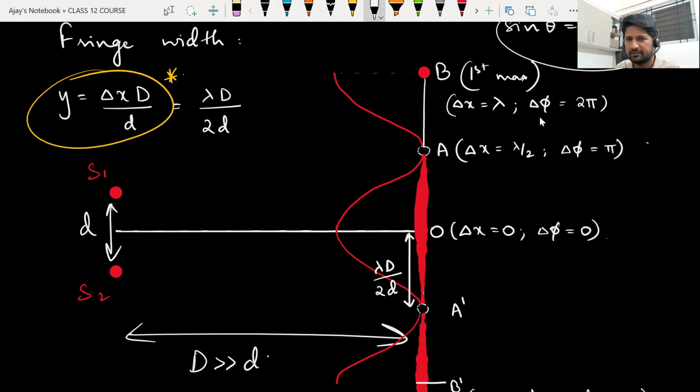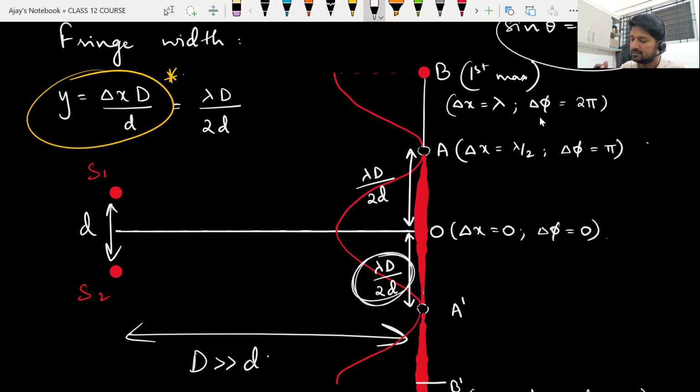Destructive interference, you will get a minimum there. The distance from O to A dash is lambda D by 2d. The distance from O to A on the upper side will also be lambda D by 2d itself.